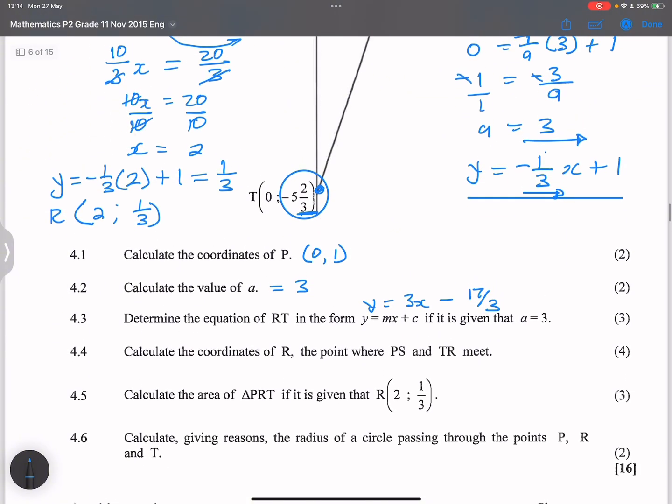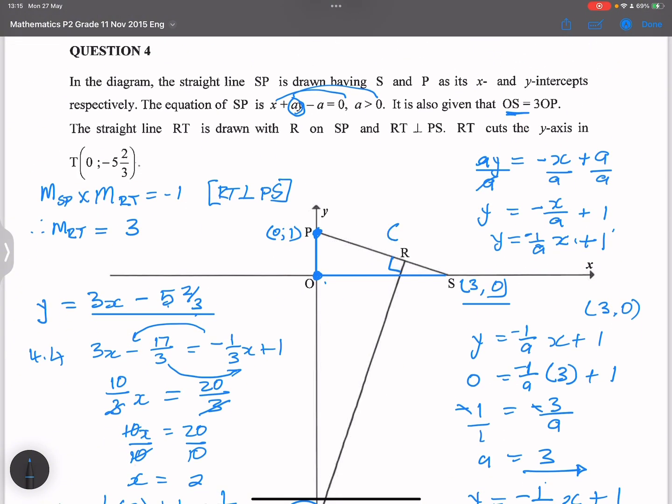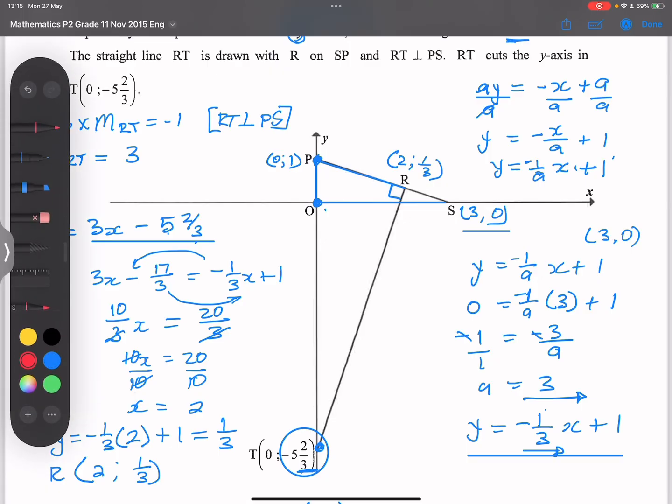Now they say to us, calculate the area of triangle PRT if it is given that R is 2 and 1/3. Note, they are already giving you that R is 2 and 1/3. Now, how do we get the area of a triangle? Notice, if we treat this as our base, then RT will be our perpendicular height since they're at 90 degrees to each other.